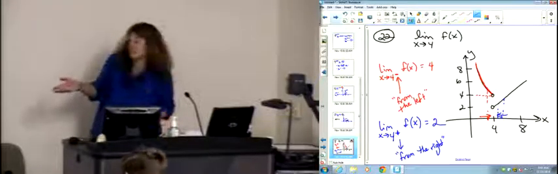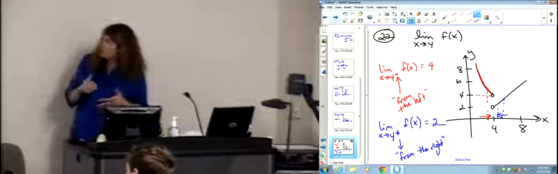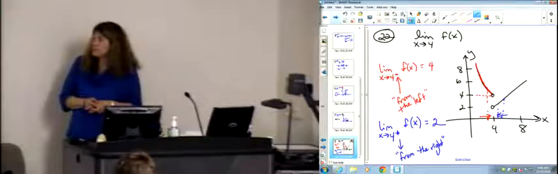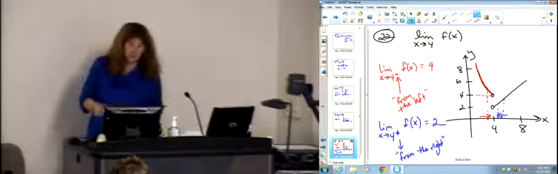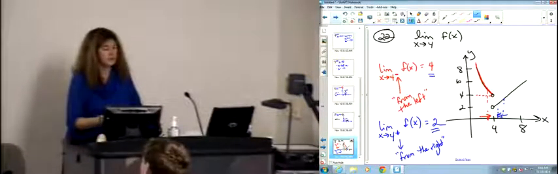I think it's a line, and mine looks more linear anyway. But we're on this piece that's coming in from the right. And so as we get closer to 4 there, our y's are getting close to 2. So we get a 4 there, a 2 here.